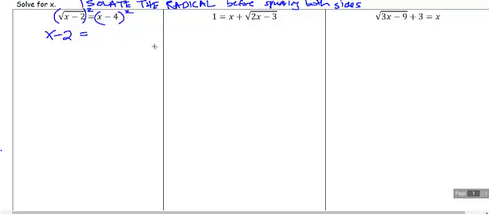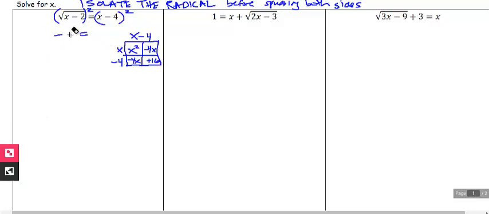Let me jot down that work right here. In a little box, I'm going to multiply x minus 4 times x minus 4. We get x squared minus 4x minus 4x plus 16. Now we're going to combine our like terms. Let me just move this over so I have some room.